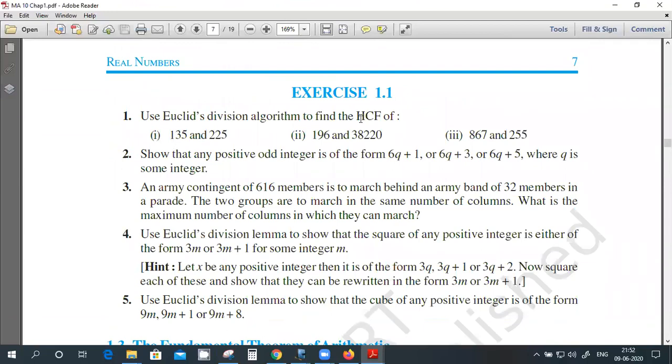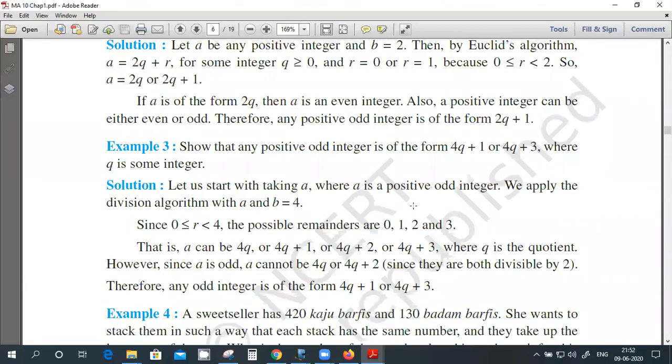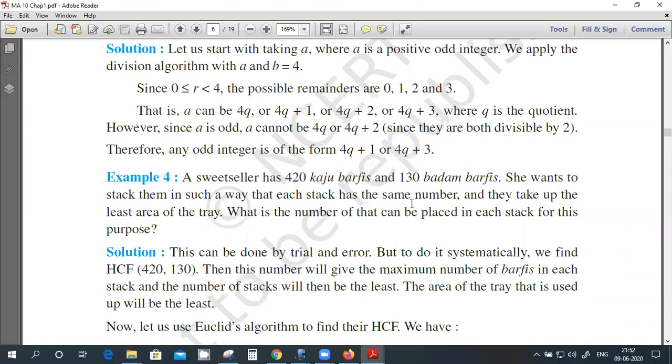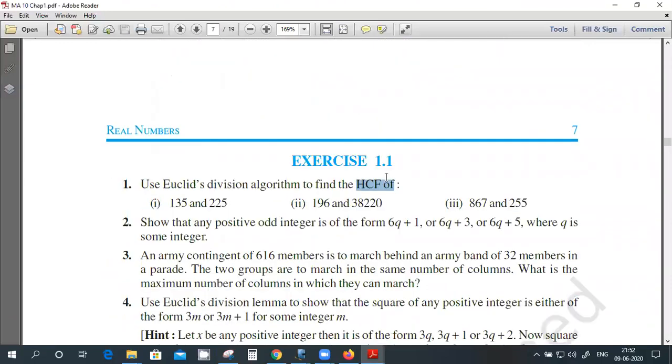And you know HCF and LCM, right? Using Euclid's division algorithm, we have to find the HCF. The remainder has to be 0 when it's a common factor.